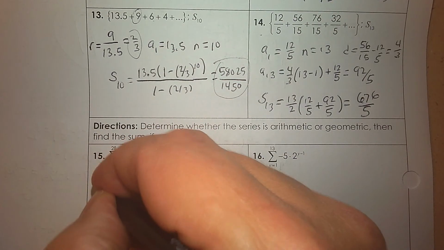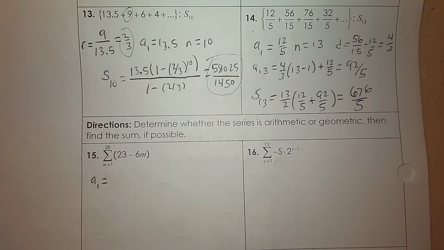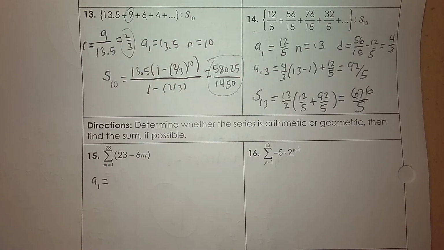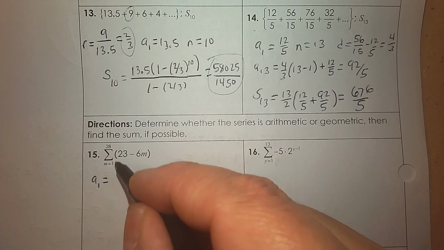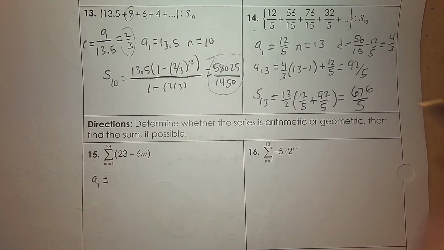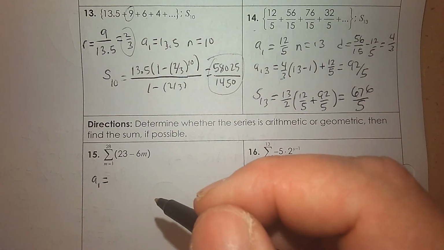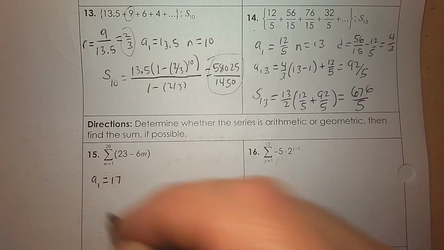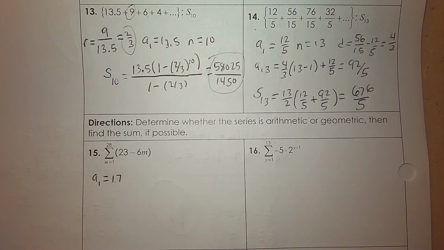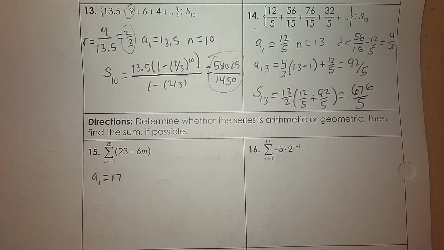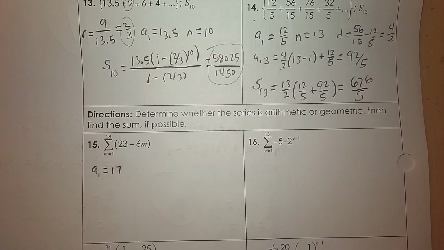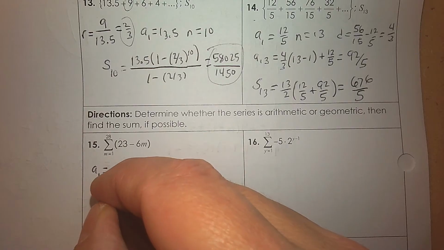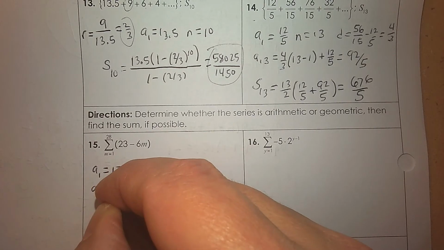So Jessica, how will I find A1? So take the bottom number, plug it in. What answer do you get? 17. What else do I need to know? An. In this case, An would be which number?